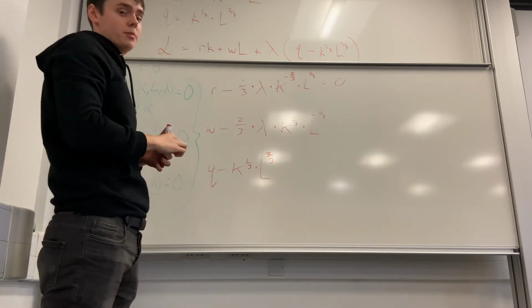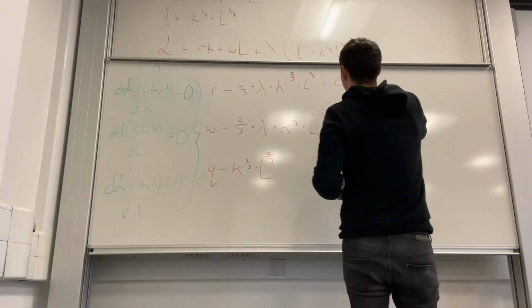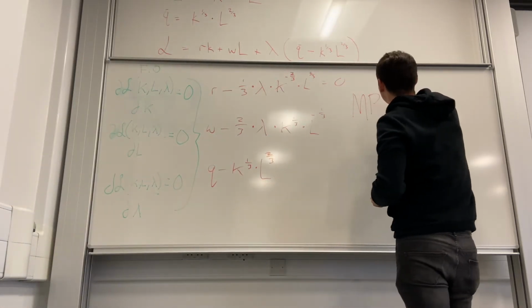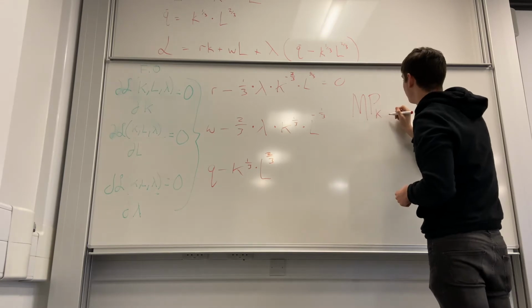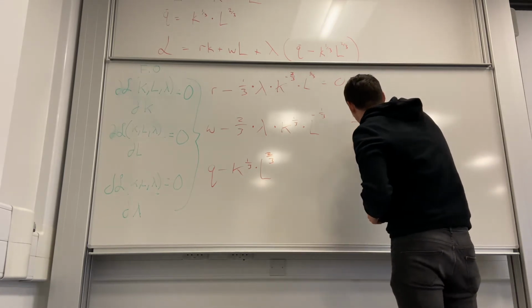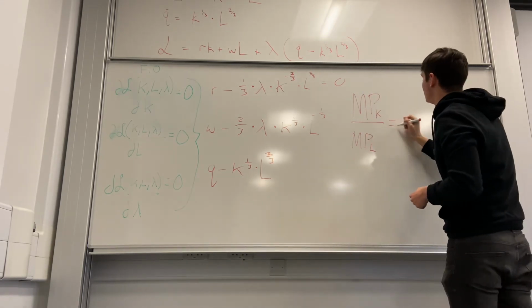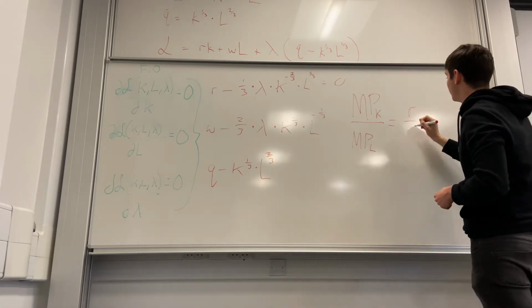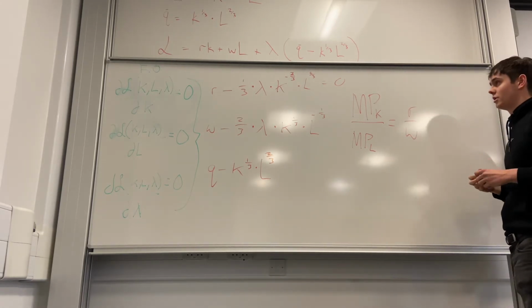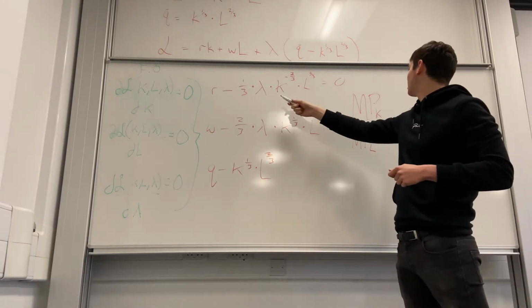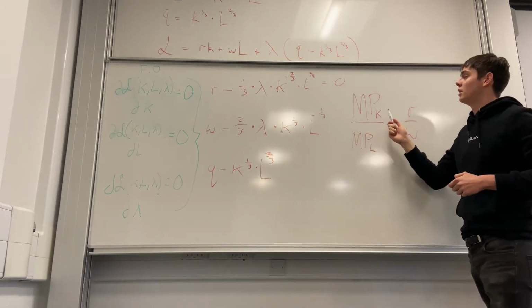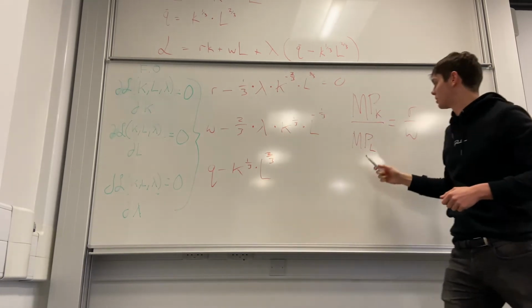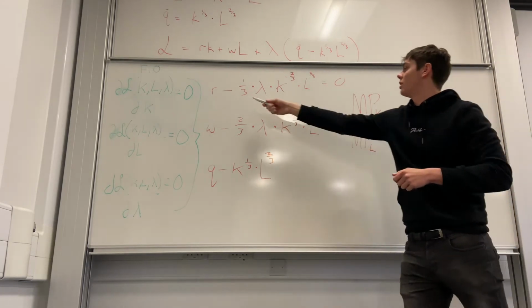Next we find the optimum decision rule, which is marginal product of capital over marginal product of labor is equal to R over W. And you can see that this is the marginal product of capital, and this is the marginal product of labor. And we also have R over here and W over here.